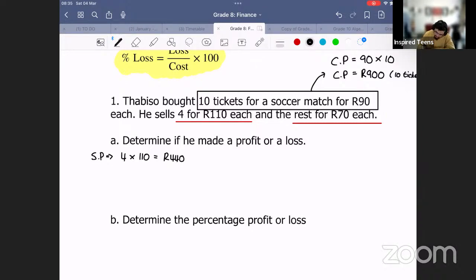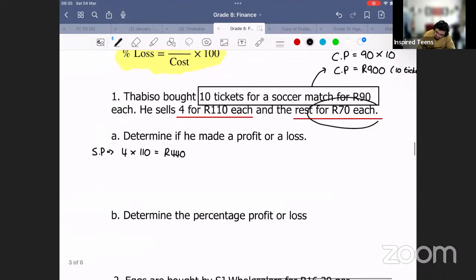Okay. Then he sells the rest for 70 rand. So if he sells 4 for 110 and the rest, he's left with 6, right? Because he's already sold 4. He has 10 in total. So now he's left with 6. How much does he sell these 6 for? 70 rand each. So 6 times 70, that gives me 420 rand.